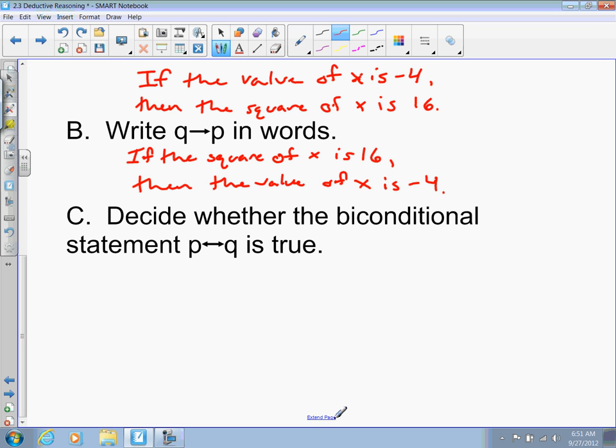It's not always true. Decide whether the biconditional statement, P if and only if Q, is true. So if the converse wasn't true, is it going to work both ways? No, it's not. The converse is false, so you cannot write this as a biconditional statement. It is not true, so we can say false.